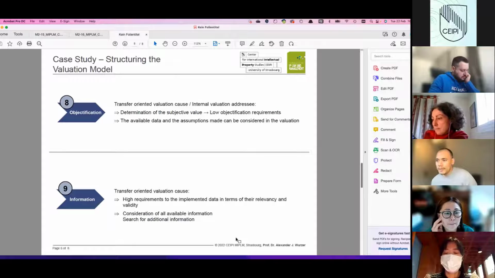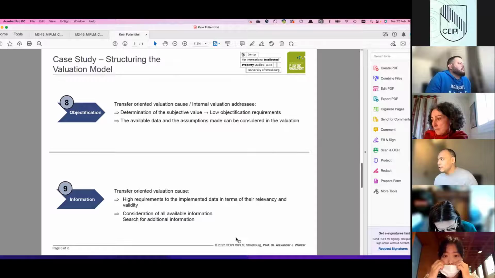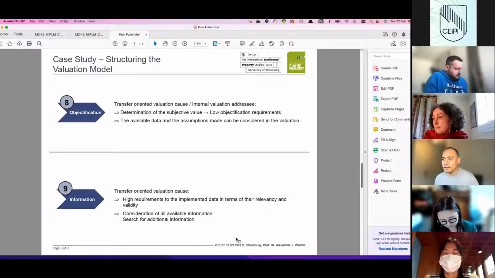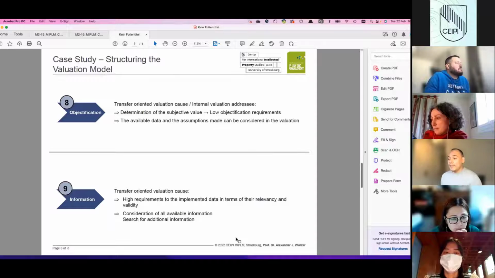So step number 8 of the evaluation model is to analyze the objectification of the valuation. What matters here is which type of information is going to be considered. For this analysis, it's important to understand the context. As we agreed before, this is a transfer-oriented valuation context.